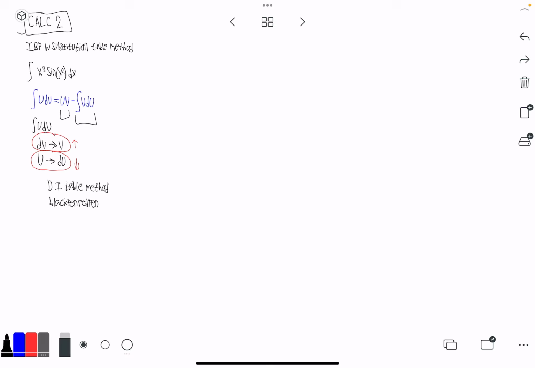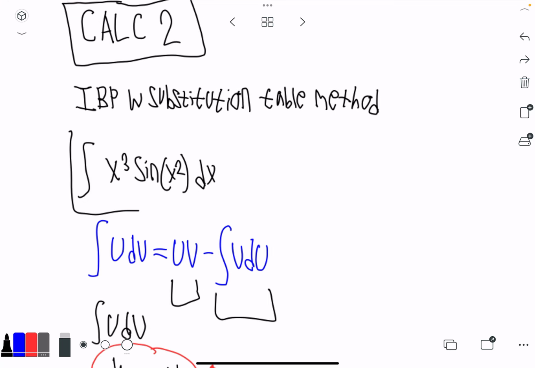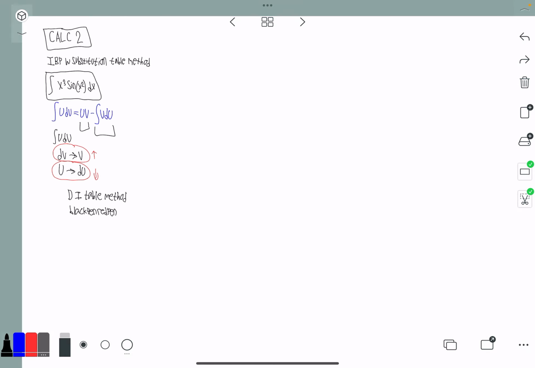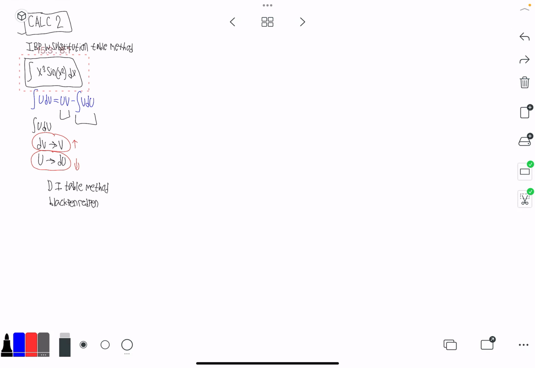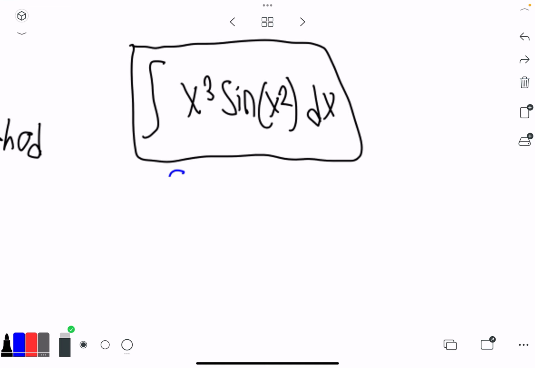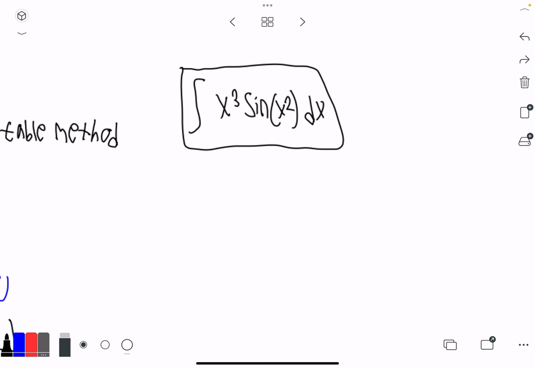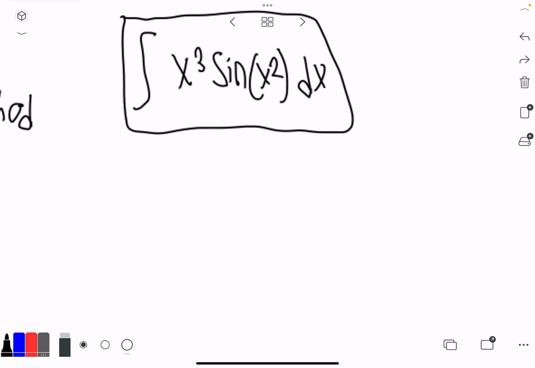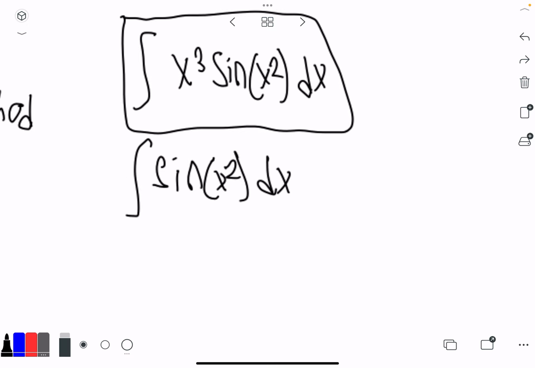But today we're trying to solve a different kind of integral where it's a bit tricky. For example, this one. Let me just move it somewhere else. So in this case, when you're trying to integrate sine x squared, it's not that simple, right?